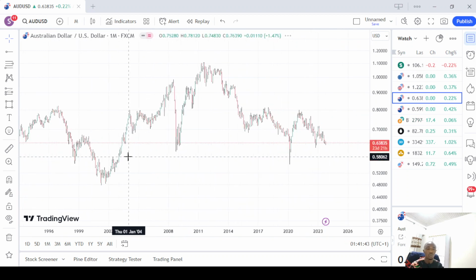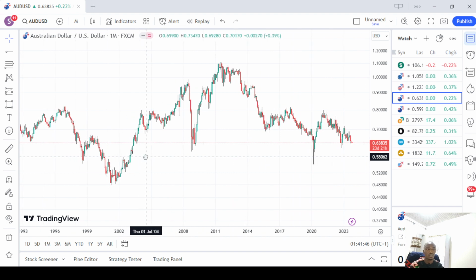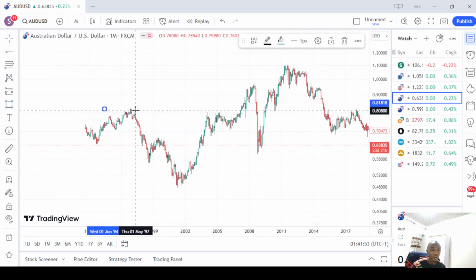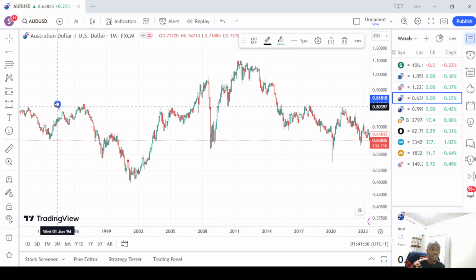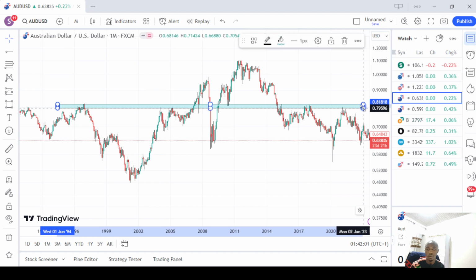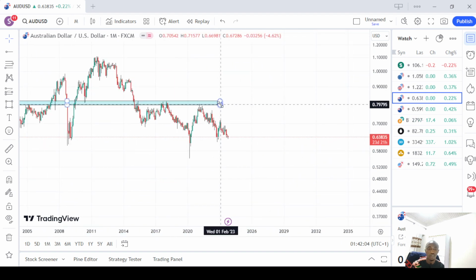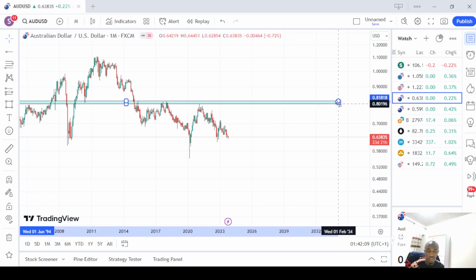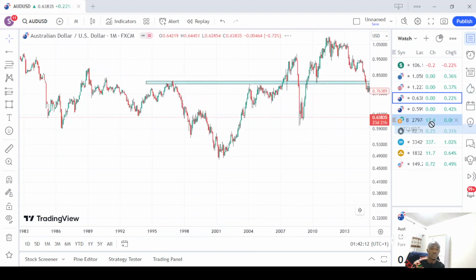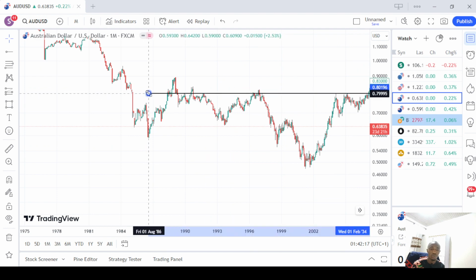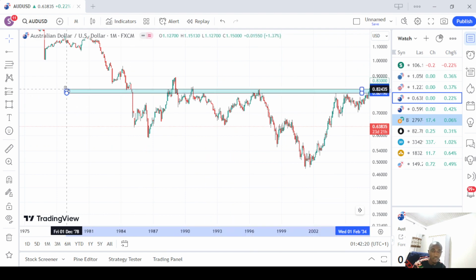So you look out for important areas where the market reacted, where there was a turn, then you have your zones there.